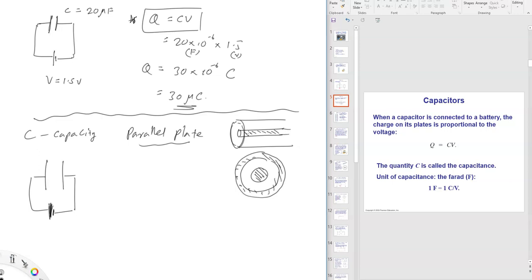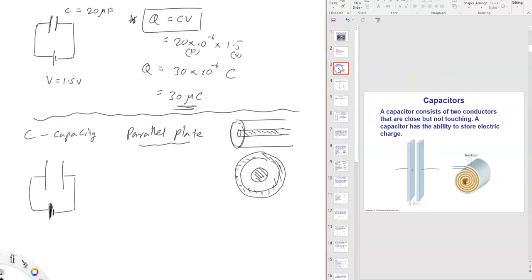Okay, so let's go back to this slide over here. You see the two plates, they have the plate area A and a separation D. So area is A, the gap between them is D, and you see that there is some insulator material filled between. So that is also very important.